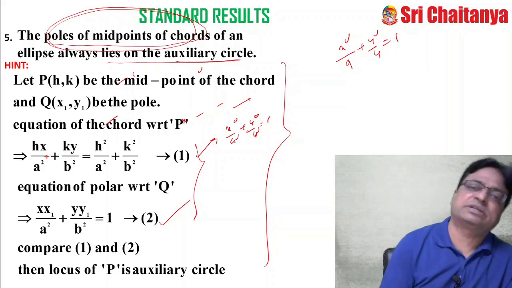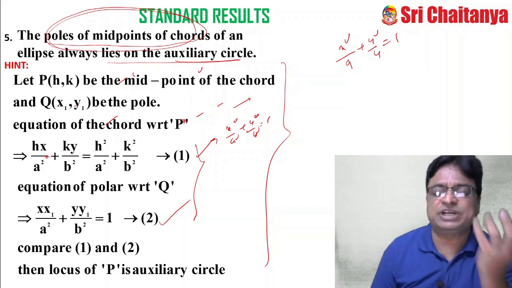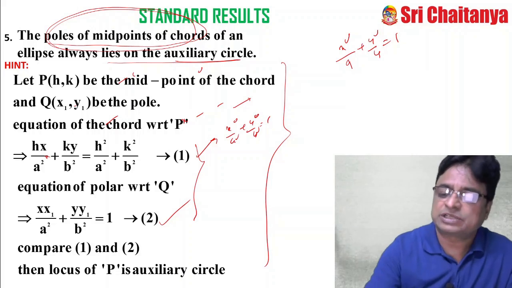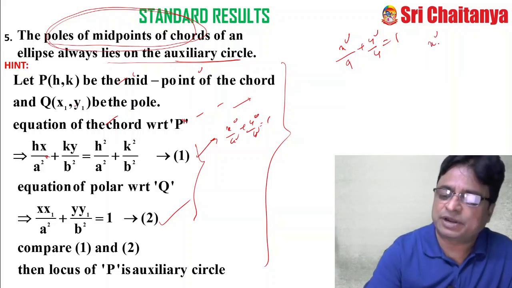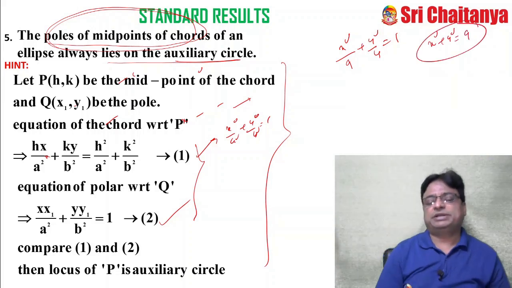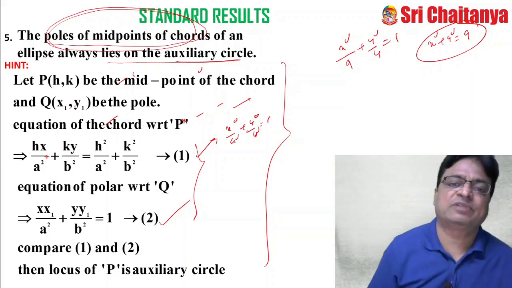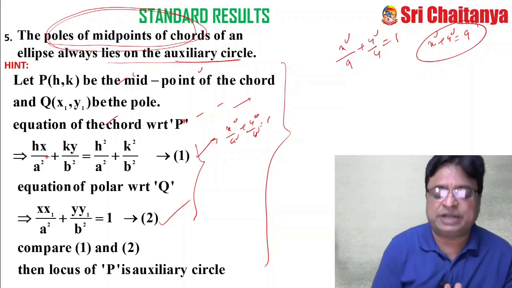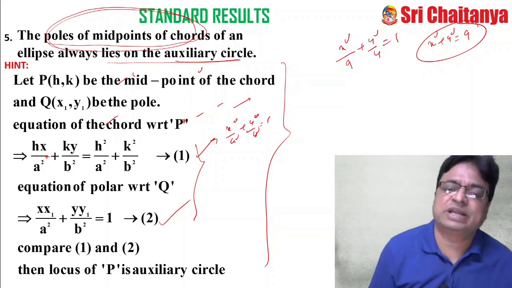If you have understood the statement properly, they are indirectly asking you to find the equation of the auxiliary circle. Then immediately you can write the answer as x square plus y square is equal to 9. That's all. Immediate, instead of solving entire problems like this. So please try to understand the statements properly. You will enjoy the problems like anything.